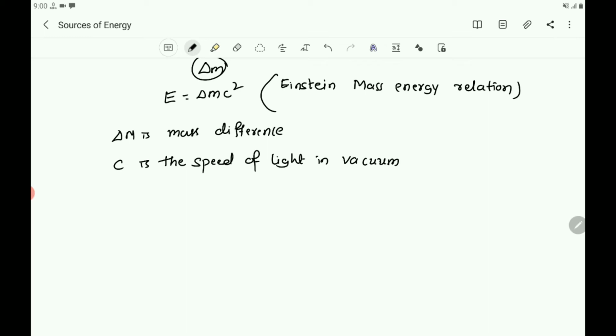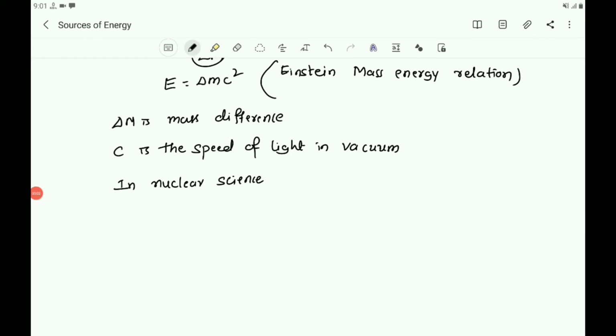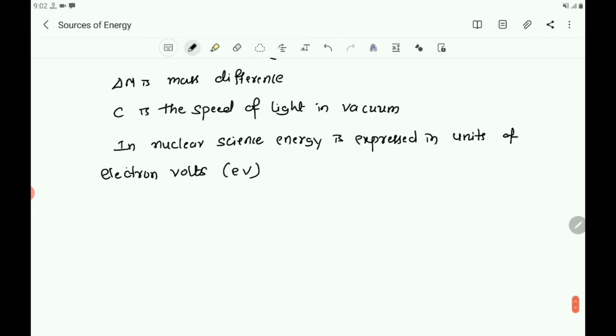So you write, in nuclear science energy is expressed in units of electron volts, in short eV.